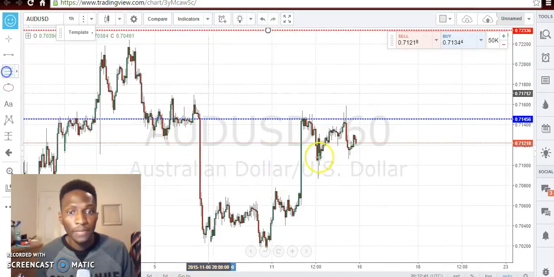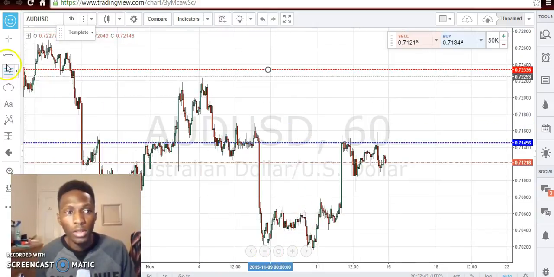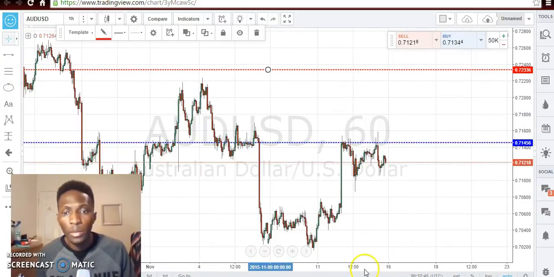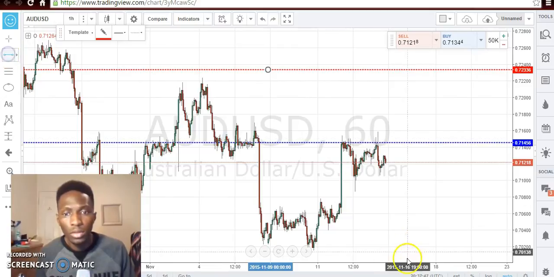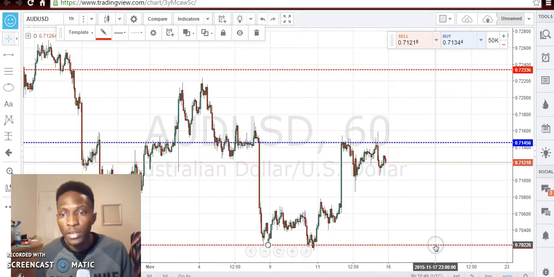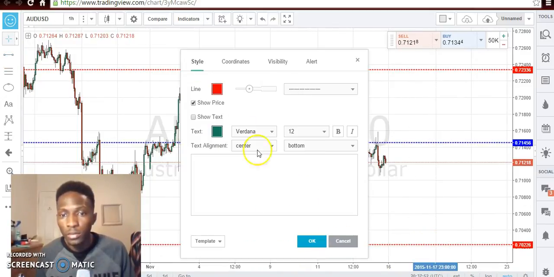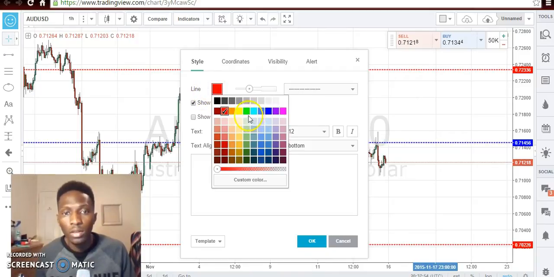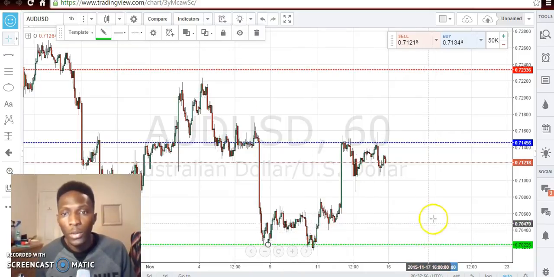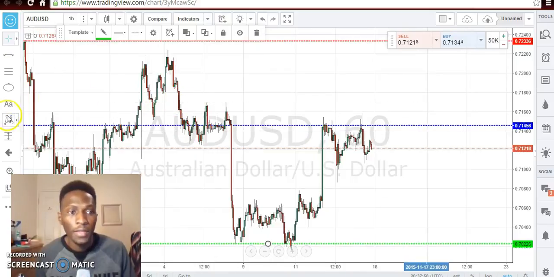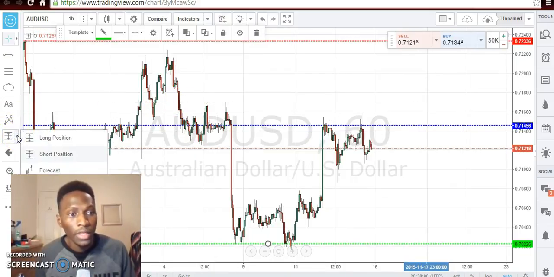So our target, we're going to be shooting for a target back into previous structure. So we're looking for this market to come back down into this previous structure, and that will give us a risk to reward ratio of something that's greater than 1 to 1.